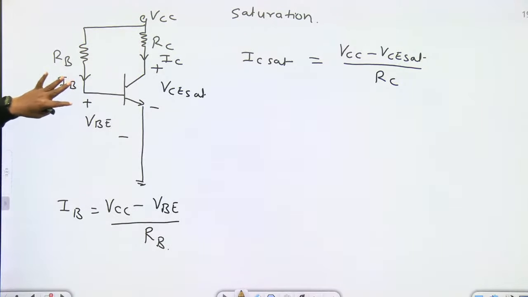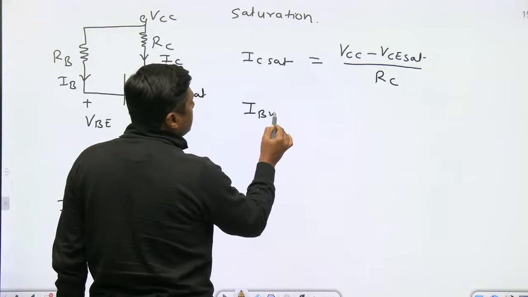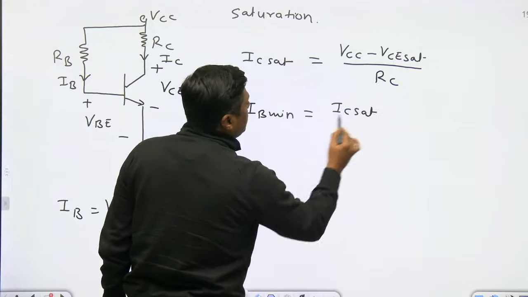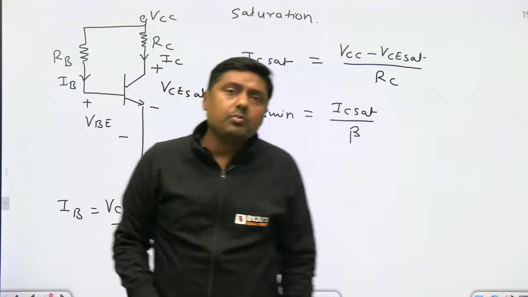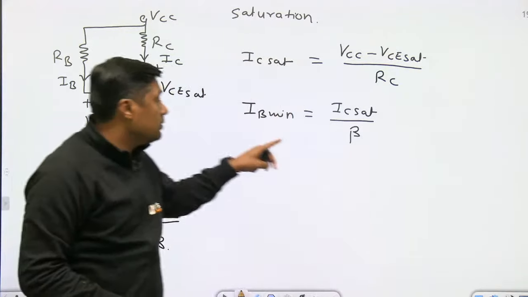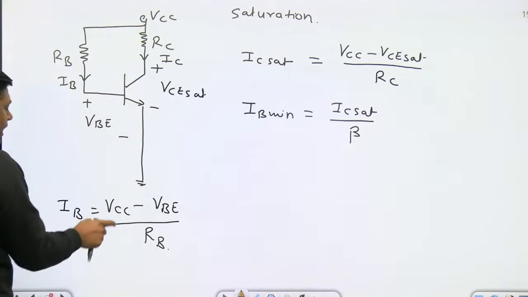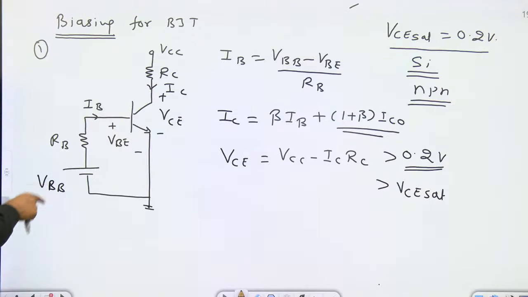What is the minimum required value of IB so that the transistor will be in saturation? That is given by IB minimum. IB minimum is equal to IC set divided by beta. Once you get the value of IB minimum, then calculate the actual IB. In this question, we calculate IB by VCC minus VBE upon RB. In the other question, we calculate VBB minus VBE upon RB.